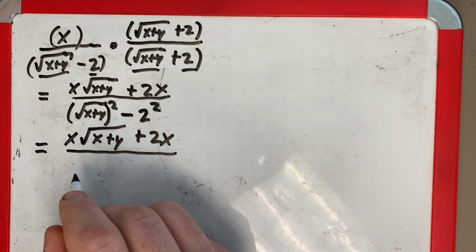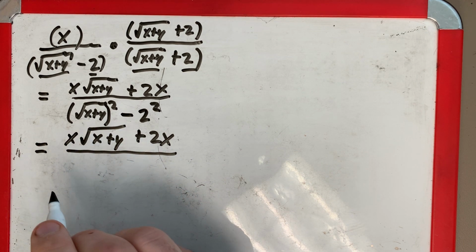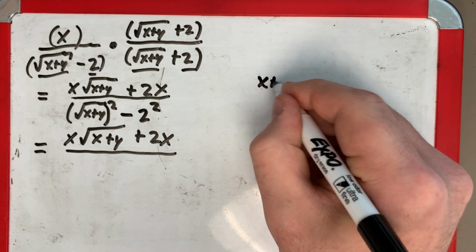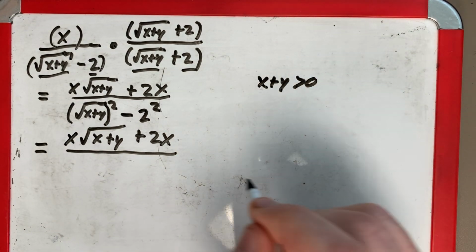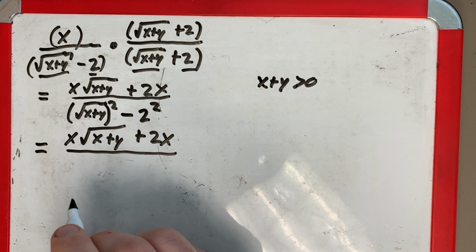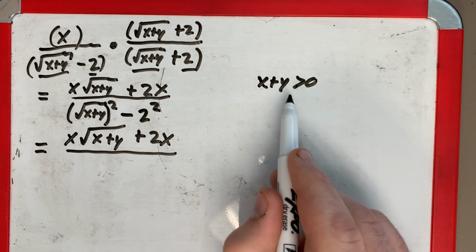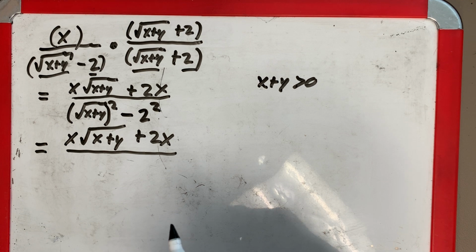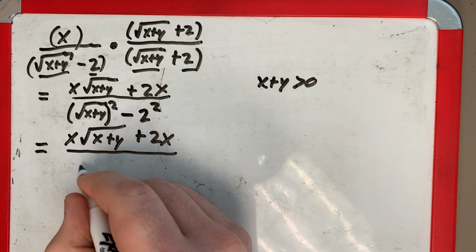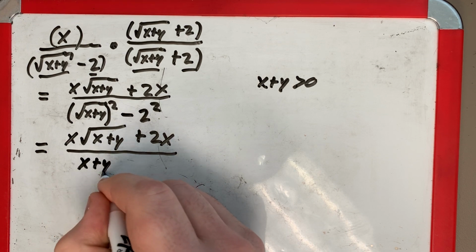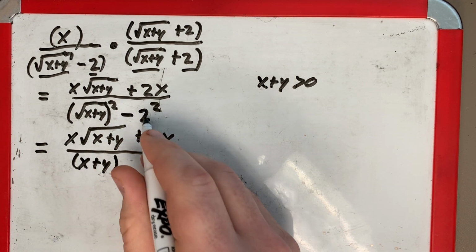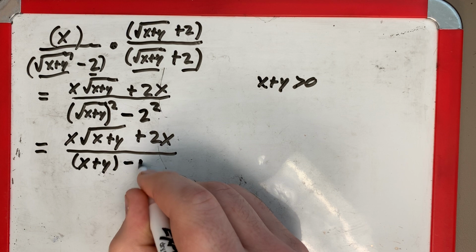And we don't have to worry about putting the x plus y in absolute values because we said that x plus y is positive. We know that's true, so we don't need to put absolute values around there. If this specification were not given, you would have to put absolute value bars. So it's a little caveat right there. So this is just x plus y here in the denominator. Then we have minus 4.